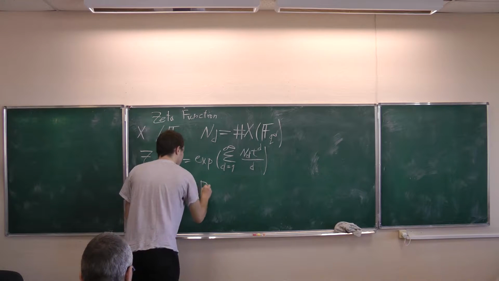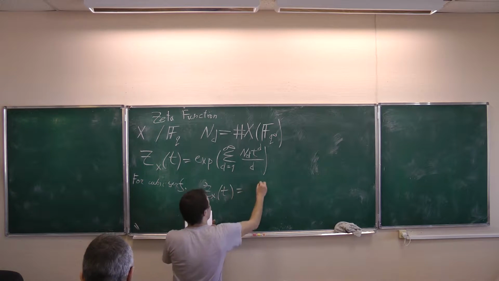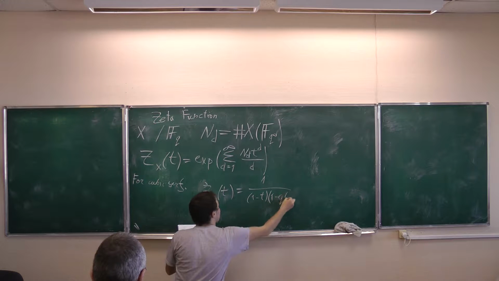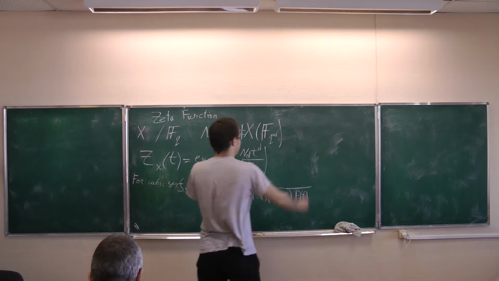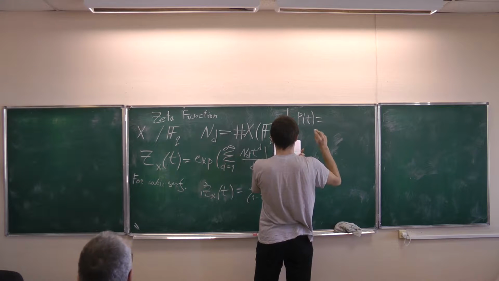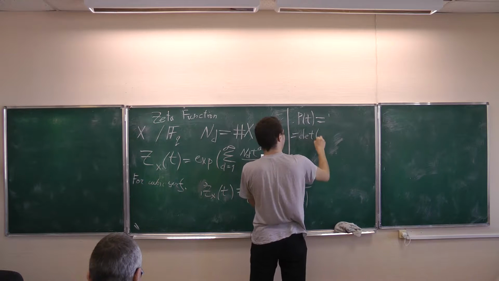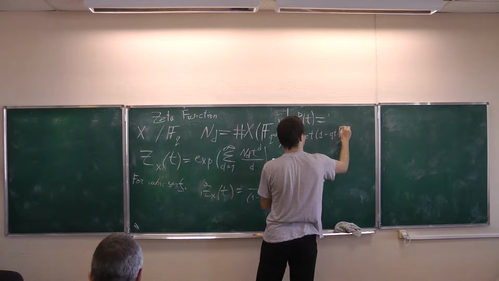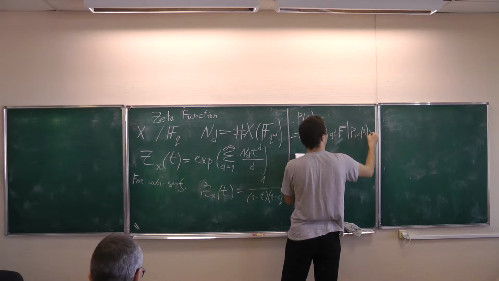we have the following. The zeta function is equal to 1 divided by, where P(t) is the determinant of 1 minus q t times the Frobenius element in the following lattice.